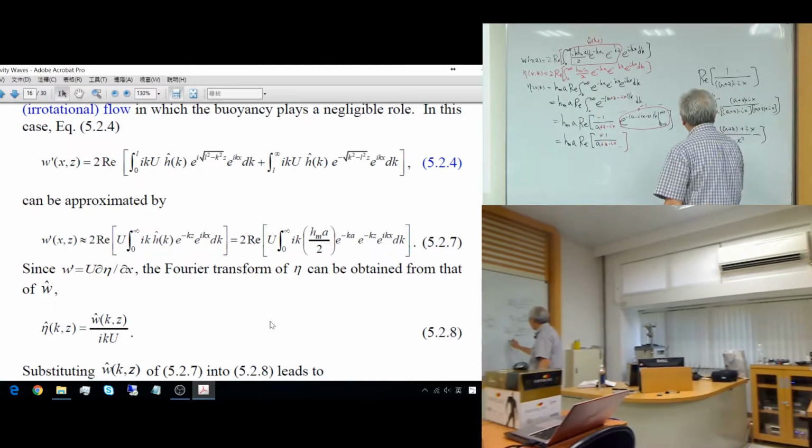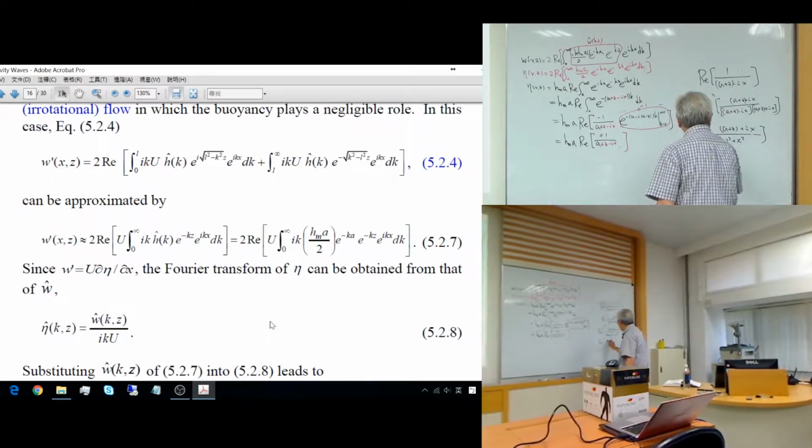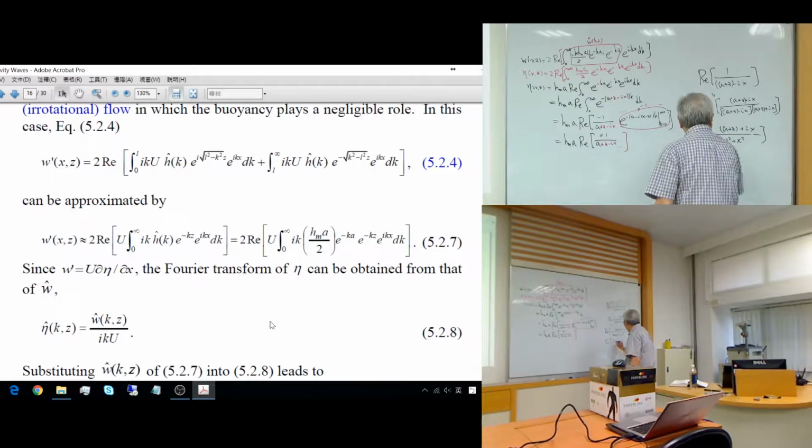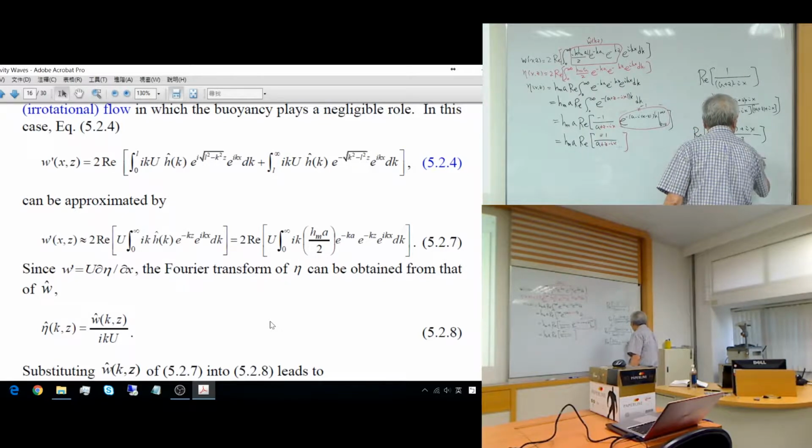This will equal the real part of a plus g over a plus g squared plus x squared, plus I of x over a plus g squared plus x squared.